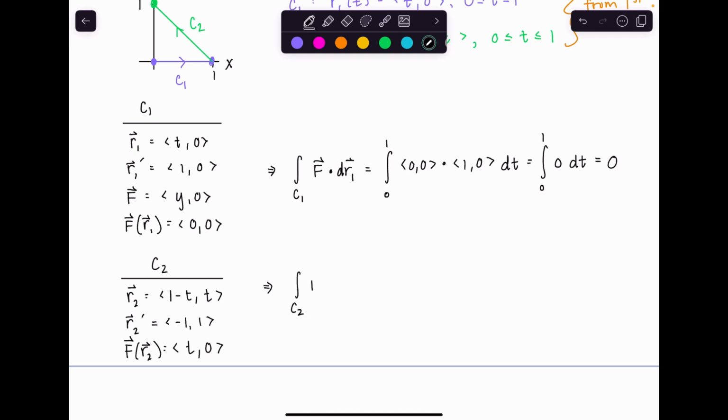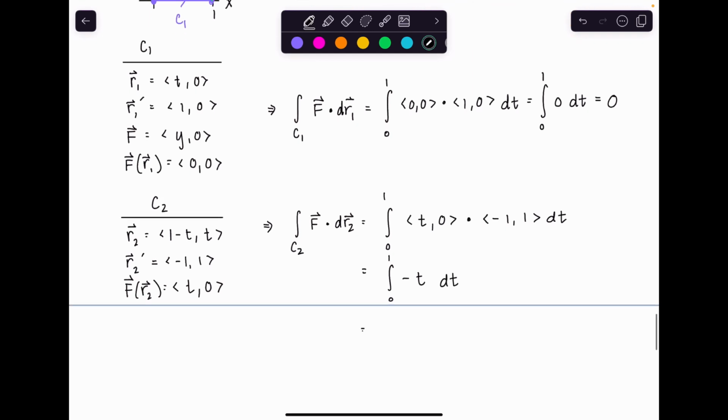So the line integral along C2 of f dot dr2 is the integral from 0 to 1 of t, 0 dot product with negative 1, 1, integrated with respect to t. That really just gives us negative t plus nothing, whose antiderivative is negative a half t squared, evaluated from 0 to 1. So this line integral is equal to negative 1/2.